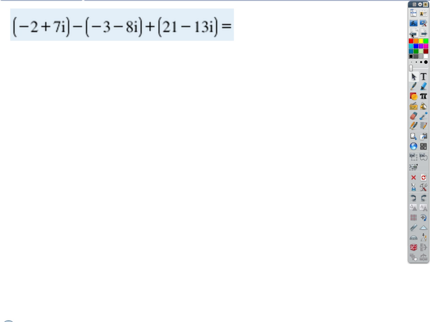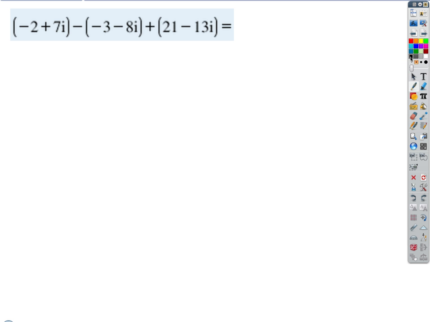One way you might help organize when you're adding up lots of complex numbers at the same time, one way to make this process a little bit easier to follow and a little simpler, is just distribute when necessary to get rid of all the parentheses and then just add up like terms. So for example, on this first complex number here, do I need to distribute anything? No, it's just a 1 out front. Distributing 1 doesn't change anything, but I can get rid of the parentheses by doing that, right?